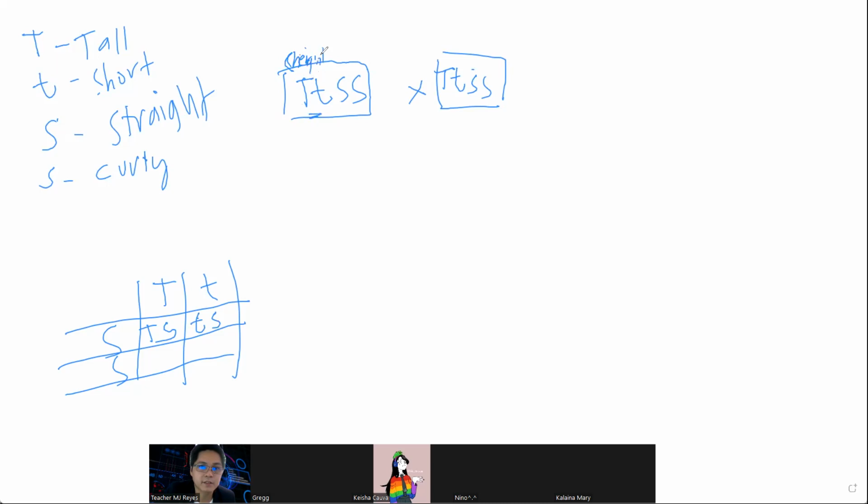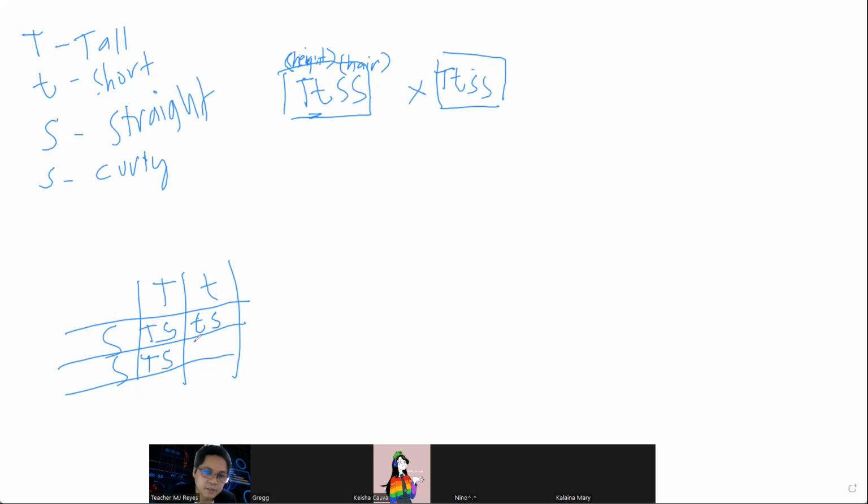Am I correct? And the second gene is hair, correct? So you start from height, and next is hair. Okay, same here. You start from the height, which is tall, and hair.